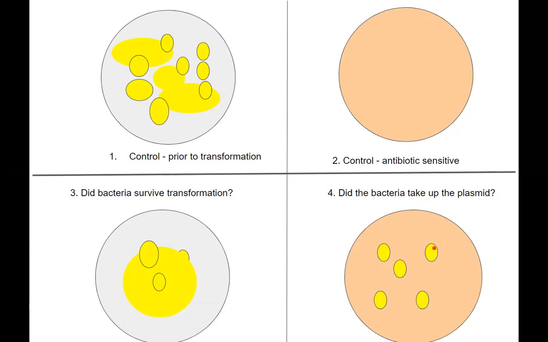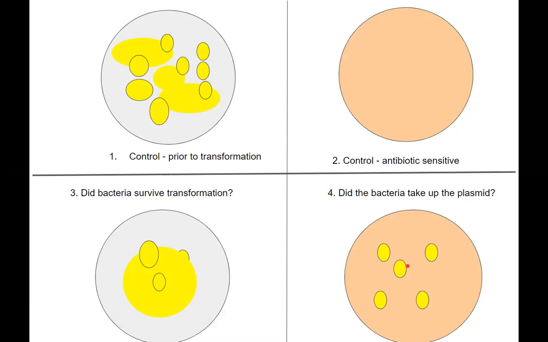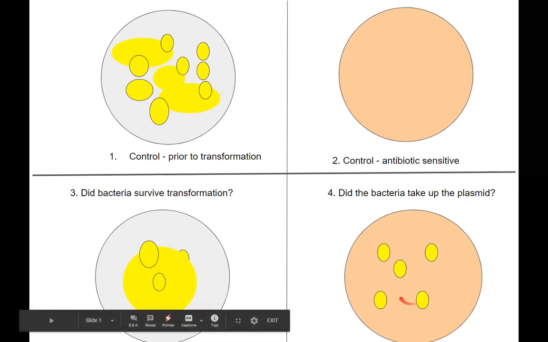But not all the bacteria survive. So you have less bacteria that survived, not only survived the process, but actually took in the gene. So you are going to see some growth, but not all the bacteria took in the plasmid or incorporated the plasmid. So not all the bacteria is going to be antibiotic resistant. And that's why you see less colonies on this plate here.